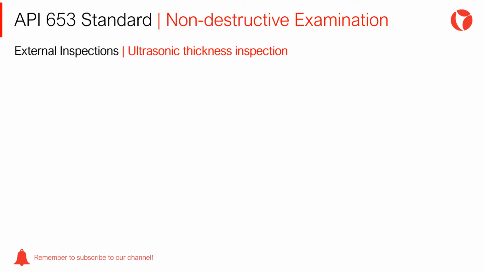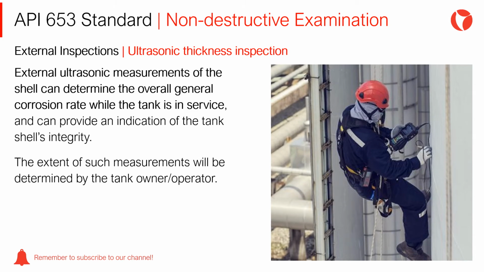Ultrasonic thickness inspection. External ultrasonic measurements of the shell can determine the overall general corrosion rate while the tank is in service, and can provide an indication of the tank shell's integrity. The extent of such measurements will be determined by the tank owner-operator.